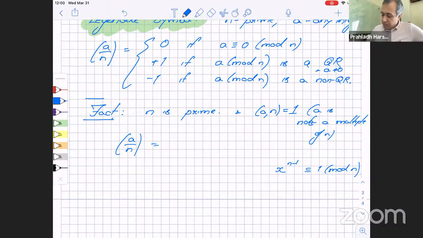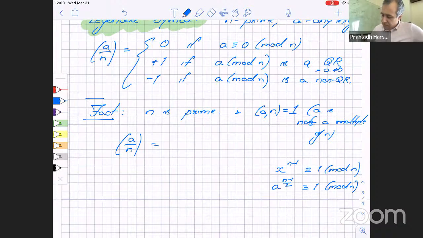Now, if a was a perfect square, I want to claim that a power (n-1)/2 itself will be congruent to 1 mod n. Why? Because a will get replaced by x square, and then you have x to the power n minus 1.